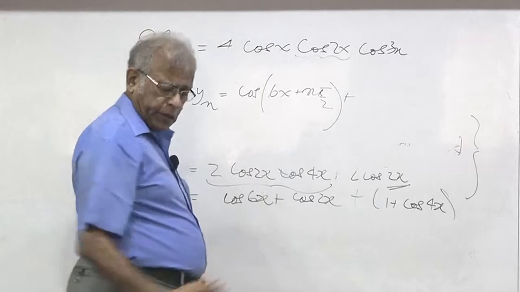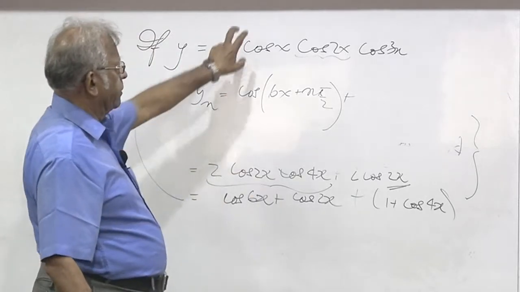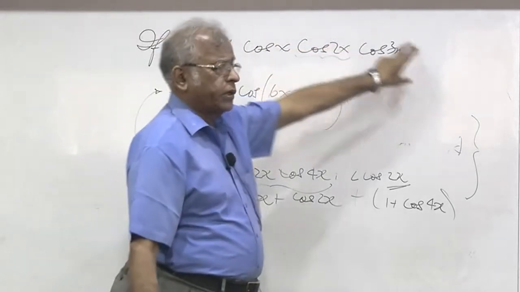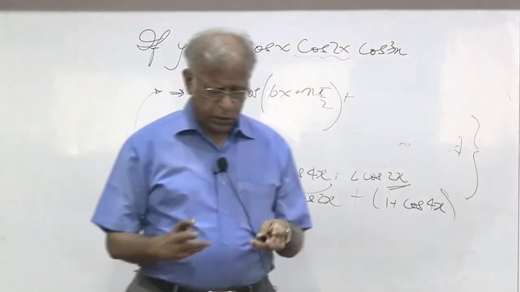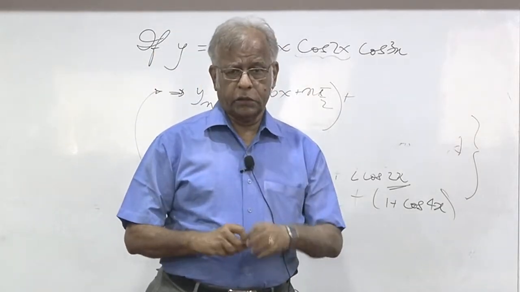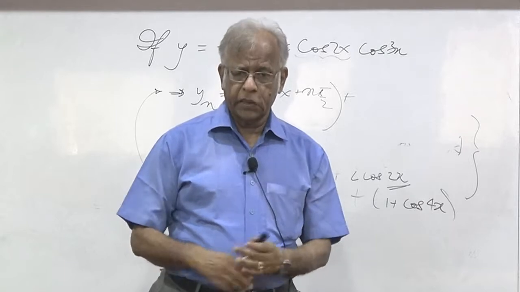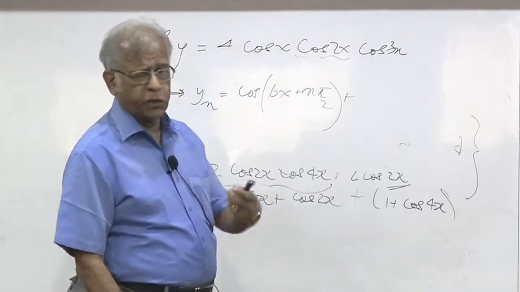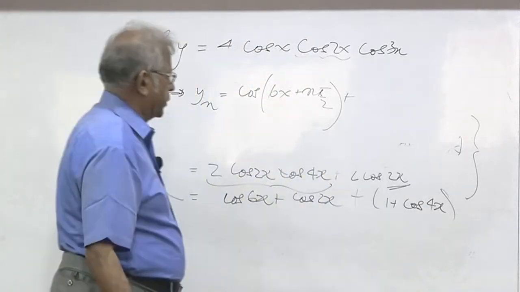So the flavor is to break down the basic trigonometric function into simpler looking sines and cosines, linearly related, that means added or subtracted to each other, subject to the presence of coefficients.